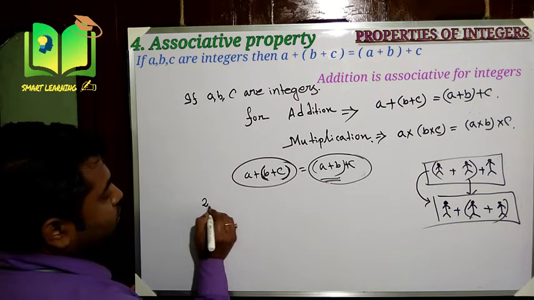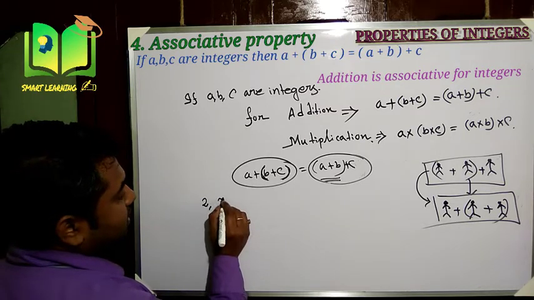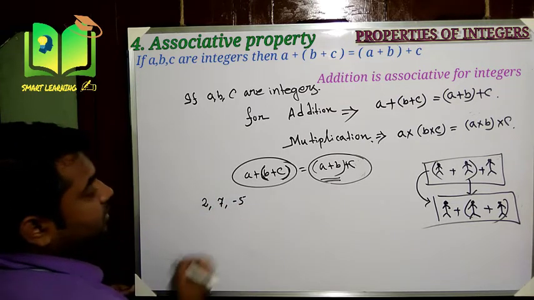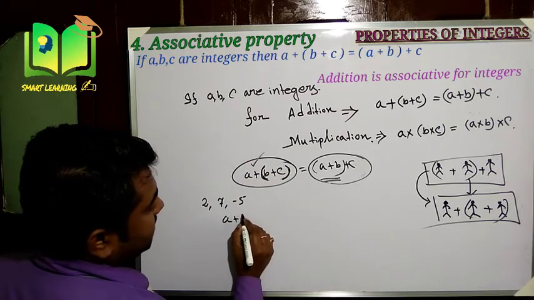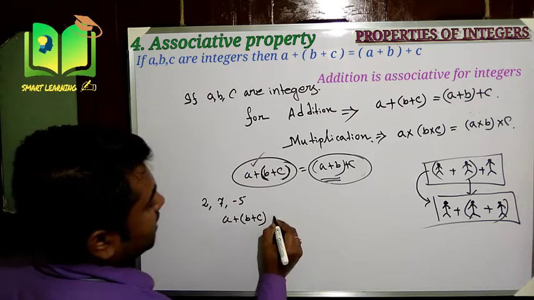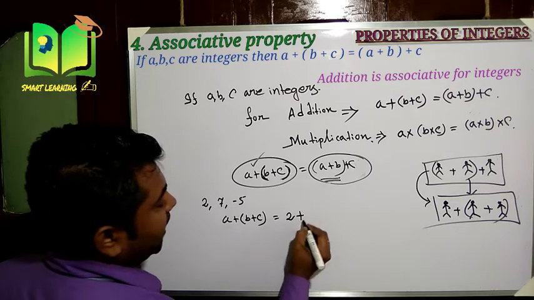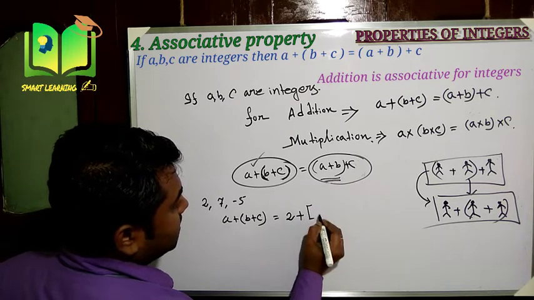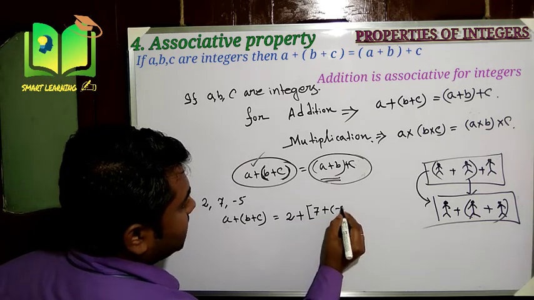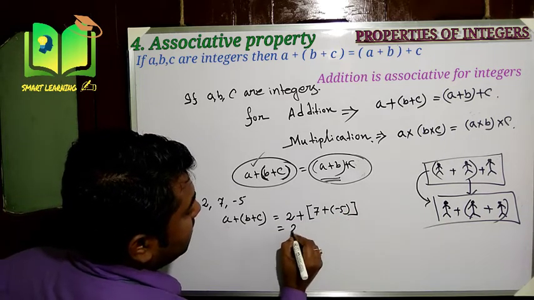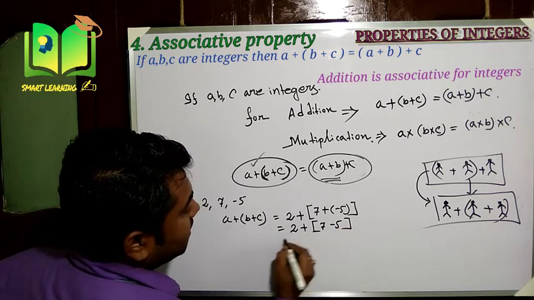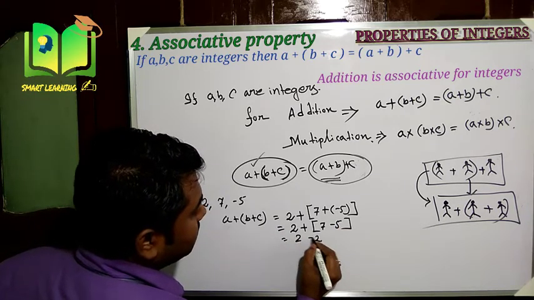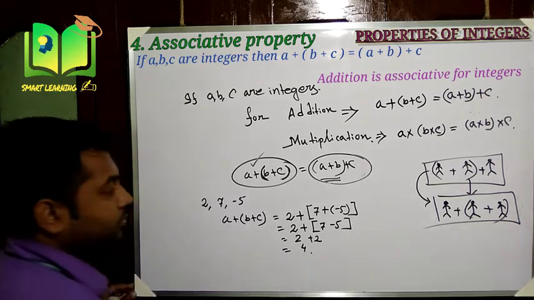Now I am taking a few examples. Suppose consider 2, 7, minus 5. First find out this value. A plus (B plus C) equals 2 plus (7 plus minus 5). 2 plus 7 minus 5 equals 2 plus 2, which equals 4.